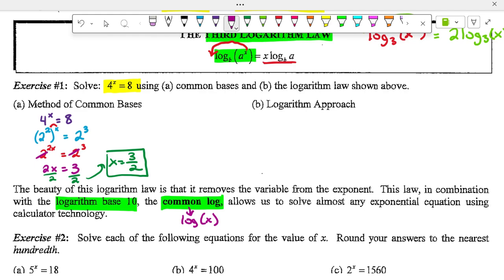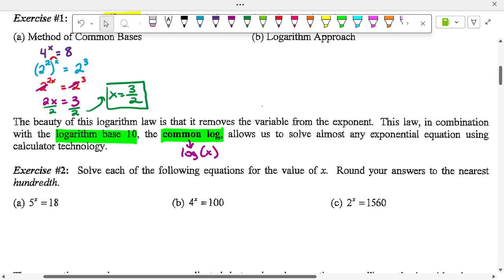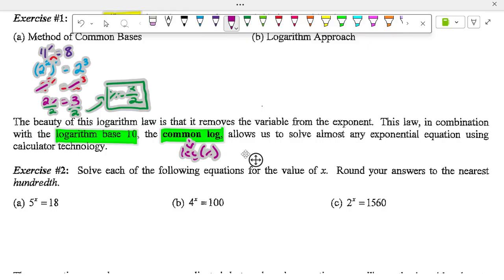Now, I will also mention this because when I was in school, the way I learned it is instead of using common log, we always use the natural log. So we use ln of x, but to be perfectly honest, it doesn't matter. You can use any type of log of any given base. All right. So natural log is a base of e, common log is a base of 10. You could use log with a base of 3. You can use log with a base of 100.